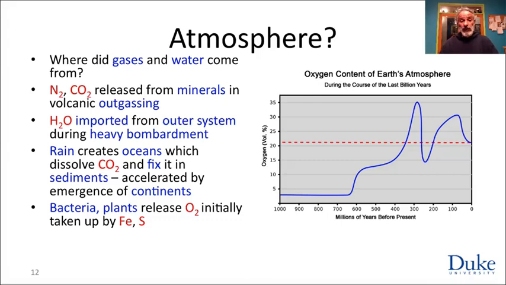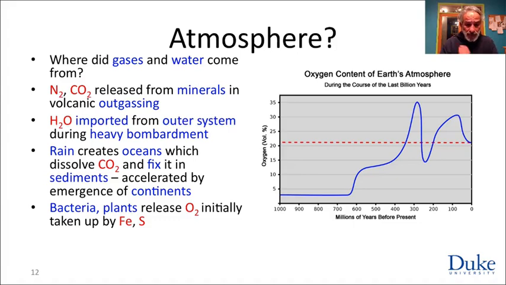Initially, this goes to oxidize sediments of iron and sulfur, but eventually, as these are fully oxidized, free oxygen begins to exist in the Earth's atmosphere, starting about 700 million years ago, and the level of oxygen approaches the 20% that we comfortably breathe today. This atmosphere both enables the existence of life and is shaped by the existence of life. All the oxygen we breathe was produced locally in photosynthetic processes.